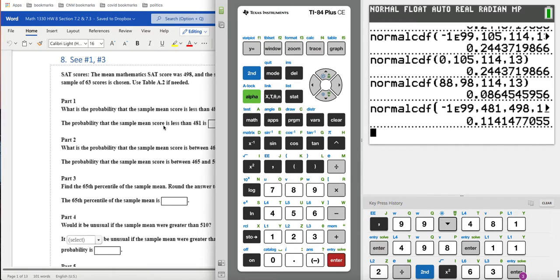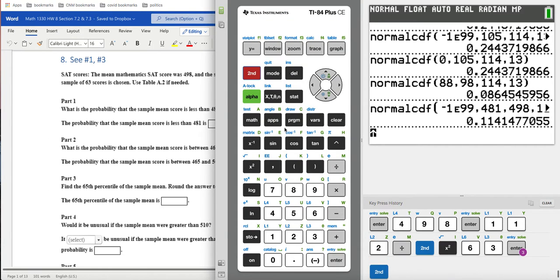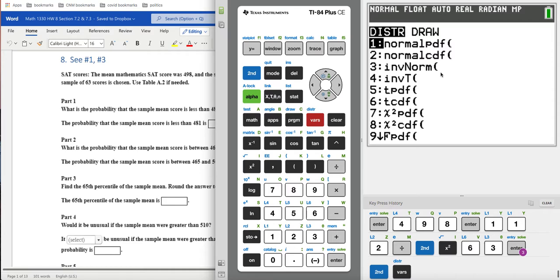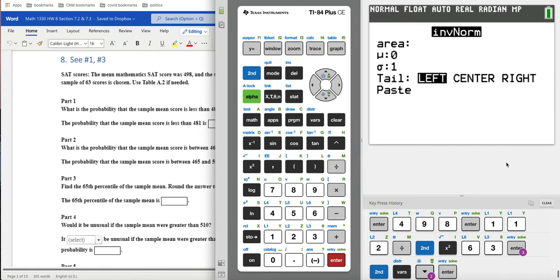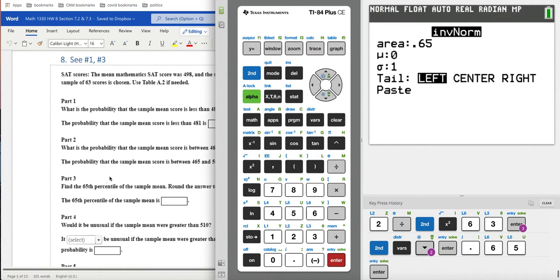So that's fine. If you have the percentile, it's the same adjustment. So second var's inverse norm, area 65th percentile, so the area is 0.65. Mean is 498.